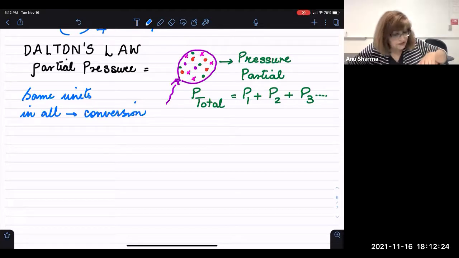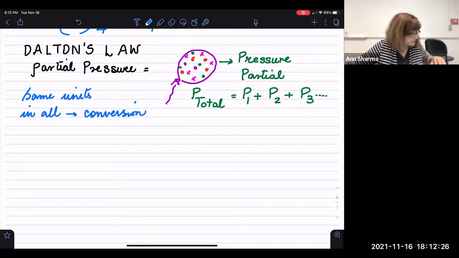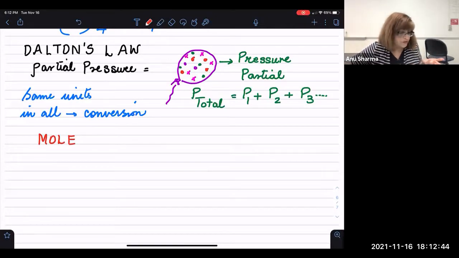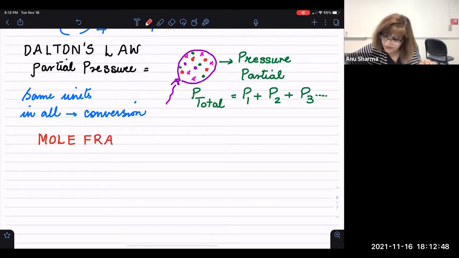So let's look at this one now. Pressure of a mixture of the gases is, and then also there is a concept of mole fraction. Mole fraction is the moles of each gas relative to the total moles. That is expressed as chi. Mole fraction is chi.